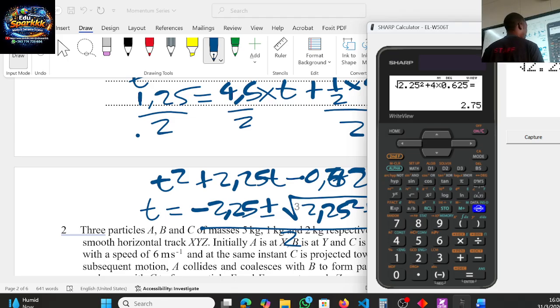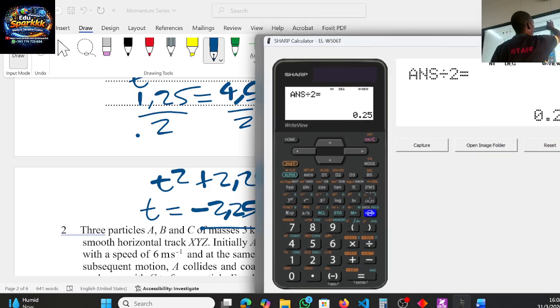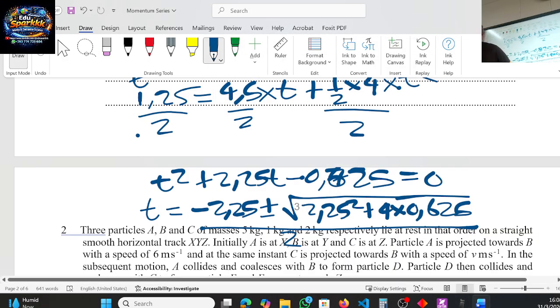So from 2.75, if I say minus 2.25, it will give me half. When I divide half by 2, the result is a quarter. So the time taken t is going to be 0.25 seconds.